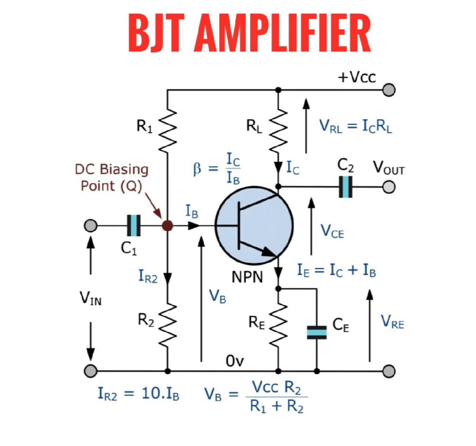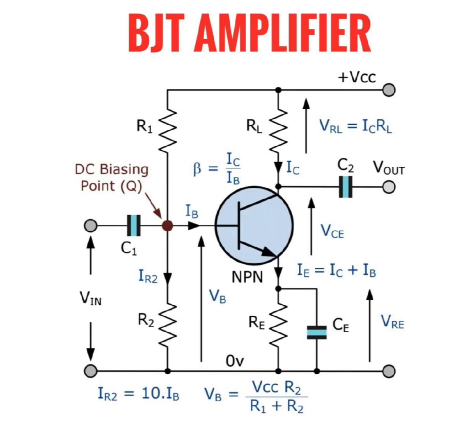Why does this matter? It creates negative feedback, prevents excessive current increase, and stabilizes the operating point. Collector voltage, an important relationship: when collector current increases, the voltage drop across RL increases, and the collector voltage decreases.